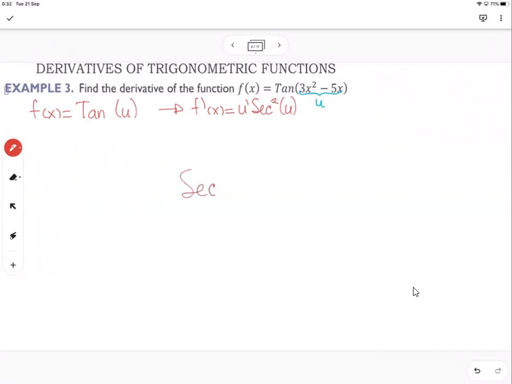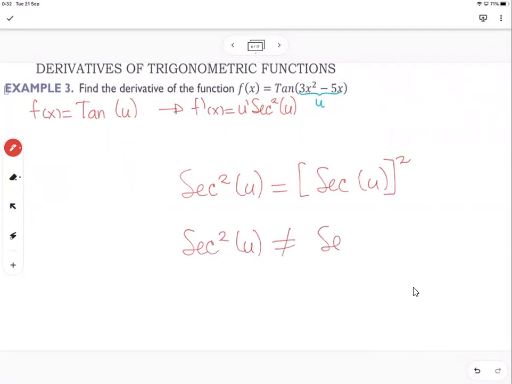Secant squared of u, just for you to remember, is equivalent to having everything raised to the second power. Secant squared of u is not the same as secant of u squared. Be careful with that.